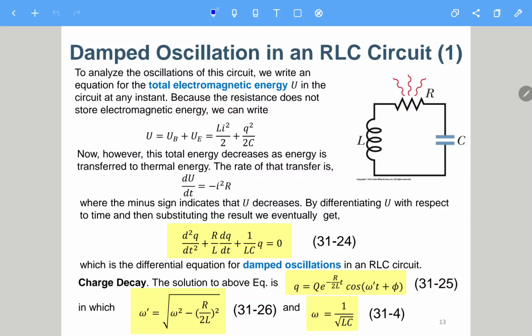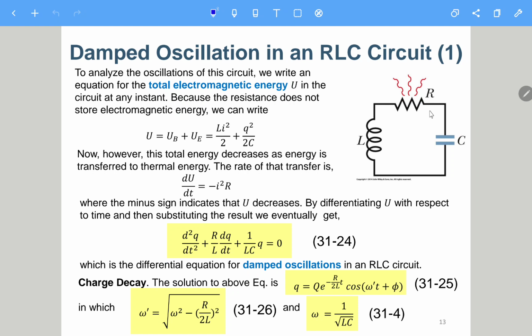Okay, so next we talk about the more difficult thing, which is the damped oscillation in an RLC circuit. Just now we only had L and C in series. Here we also consider the resistor. Of course it doesn't necessarily have to be a real resistor, but actually the circuit should have some resistance over the wire.